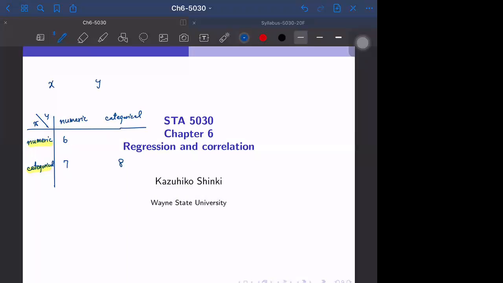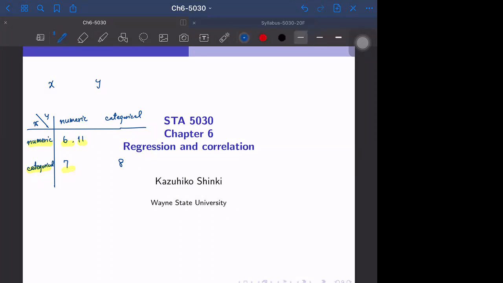And in chapter 11, again, we come back to numeric versus numeric, but we consider multiple variables, x1 and x2 and so on. And chapter 12 is a kind of combination of chapters 6, 7 and 11.